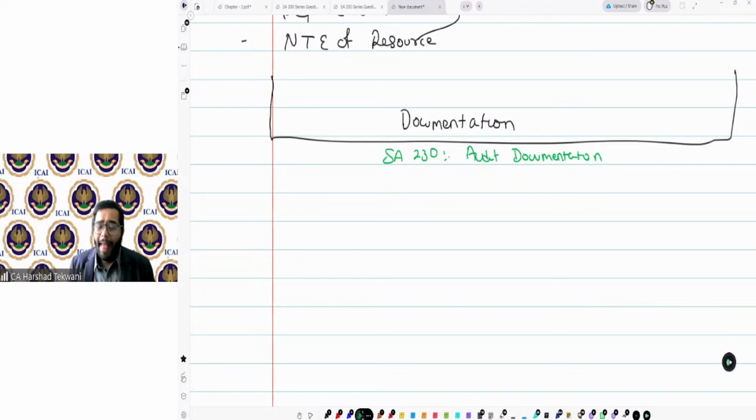SA 230 provides that at each and every phase of the audit, you need to document things. Be it the planning phase, when I talk about preparing the audit plan, when deciding the overall audit strategy. When I talk about quality control, details regarding quality control, who is assigned which kind of work. When I talk about understanding laws and regulations, each and every detail is required to be documented as per SA 230. Whatever we are doing, it's required to be documented.